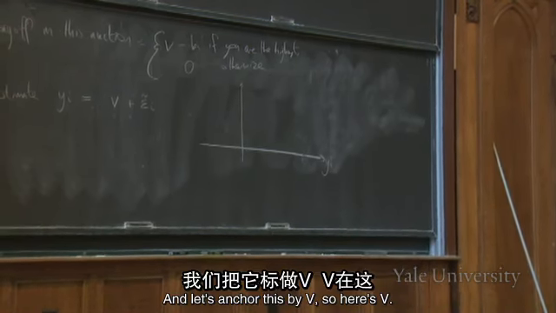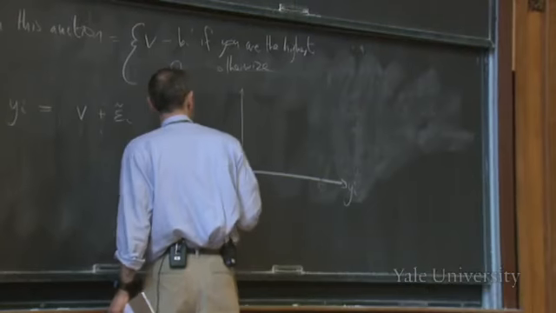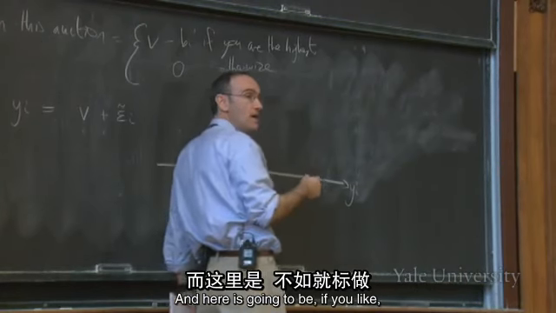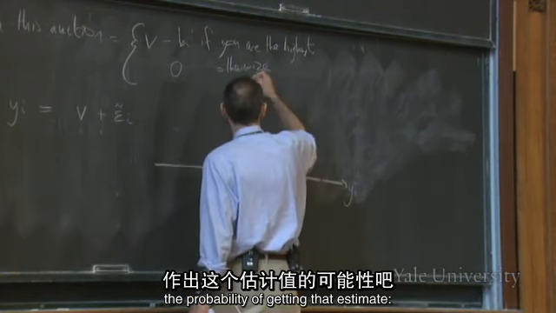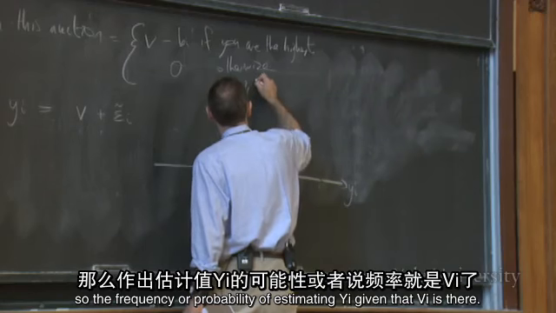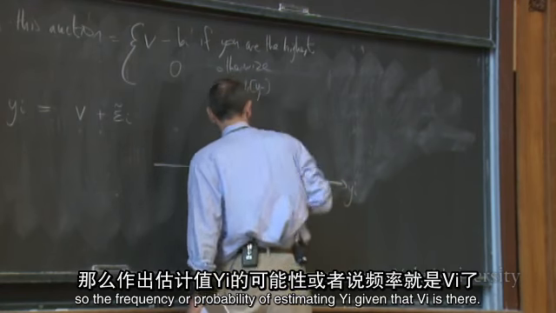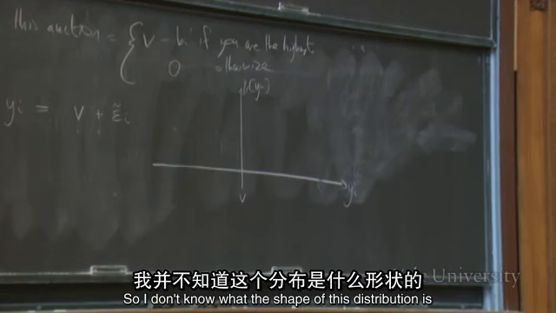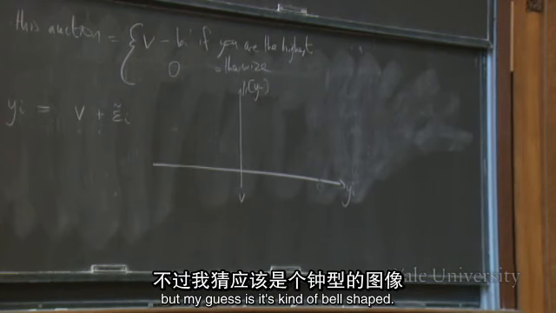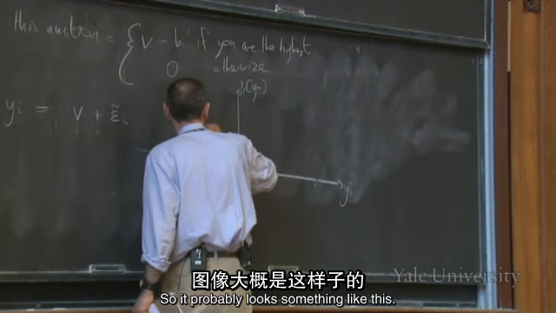And let's anchor this by V. So here's V. And here is going to be the, if you like, the probability of getting that estimate. All right? So the frequency or probability of estimating yi, given that Phi is there. So I don't know what the shape of this distribution is, but my guess is it's kind of bell-shaped. Is that right? So it probably looks something like this.